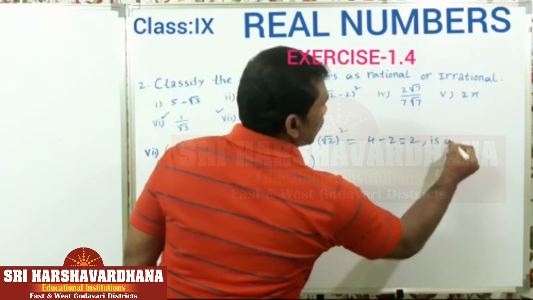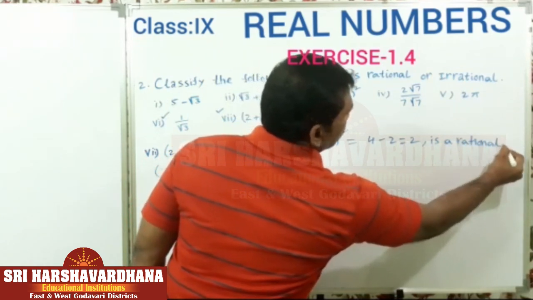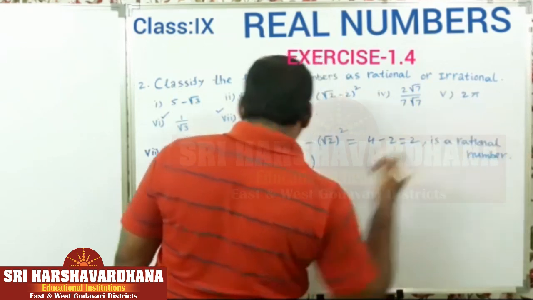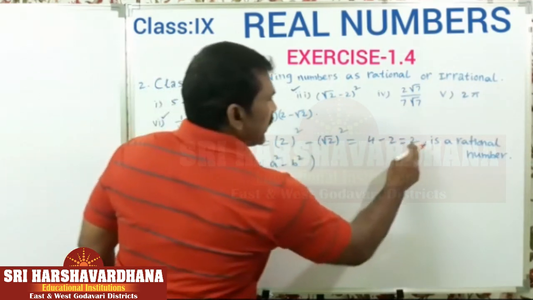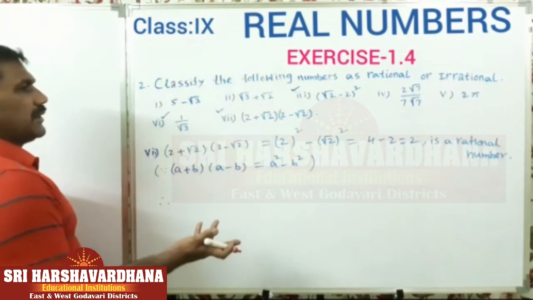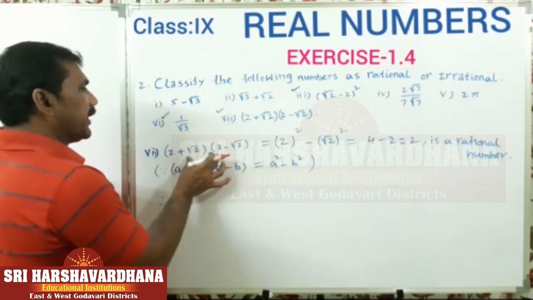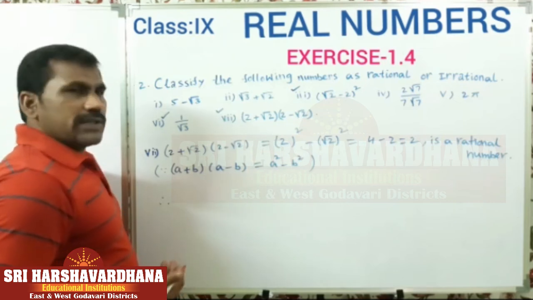2 is a rational number. Already you know. Therefore, 2 is the value of the product of 2 plus root 2 and 2 minus root 2.